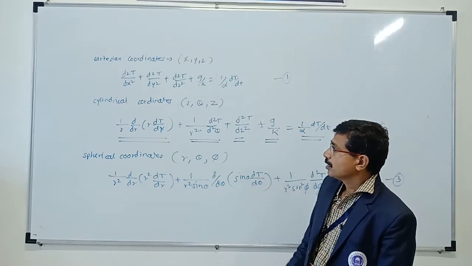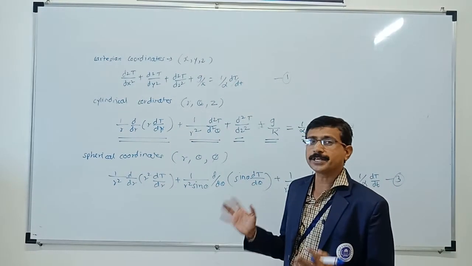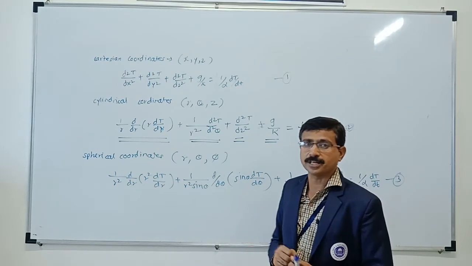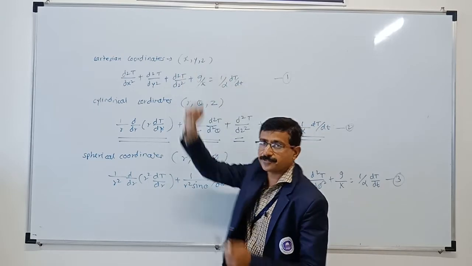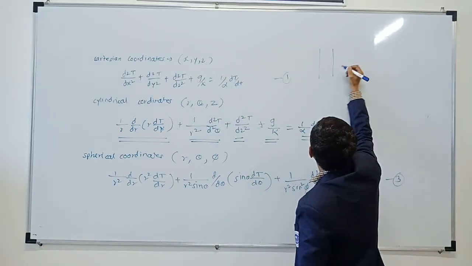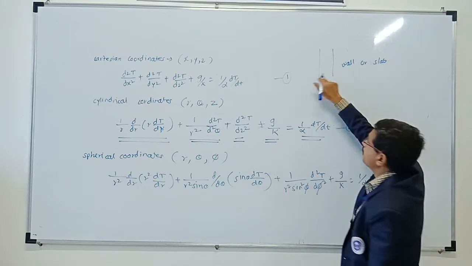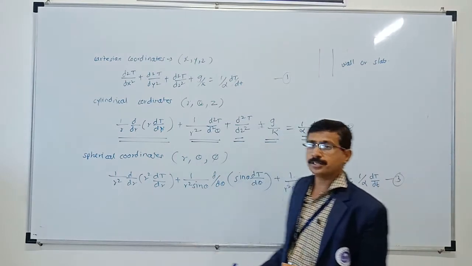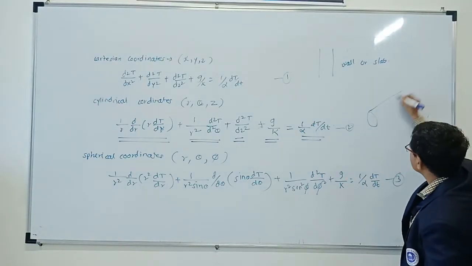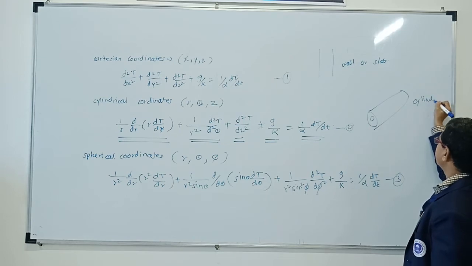Okay. Now you are asking, sir, which one we have to use for a particular analysis of a thermal system? The Cartesian coordinate, with linear distances, is generally used when there is a case of a wall or slab. The cylindrical coordinate is generally used when there is a case of pipes, that is, a cylinder.